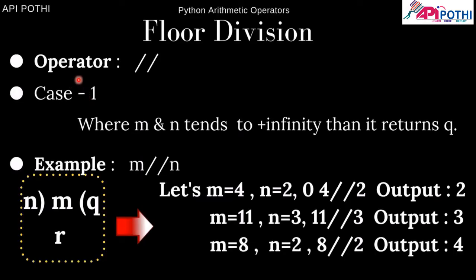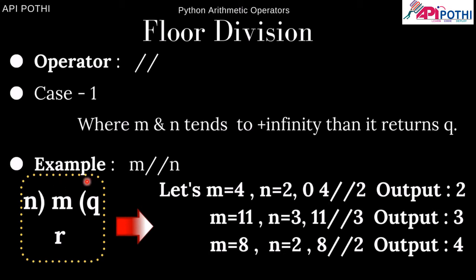And another good concept of the arithmetic operator is float division. The float division in Python is denoted as a double slash. In order to understand float division, we will have a total of 4 possible cases.